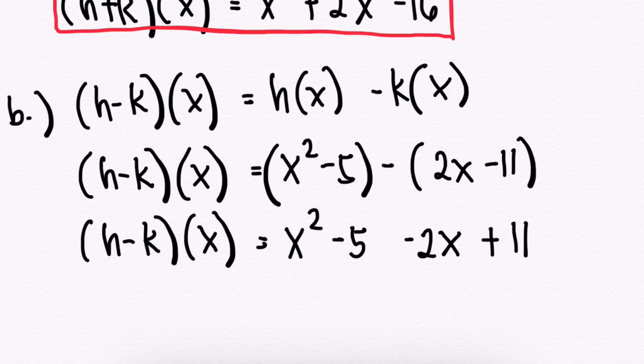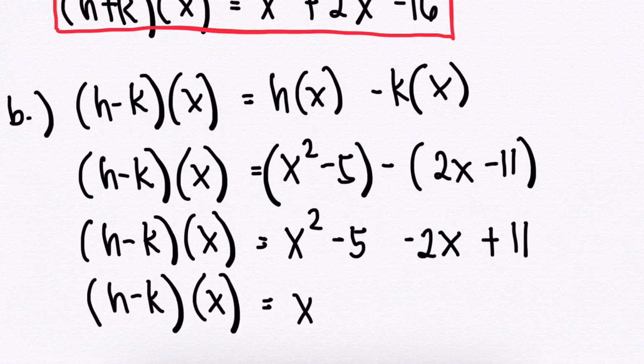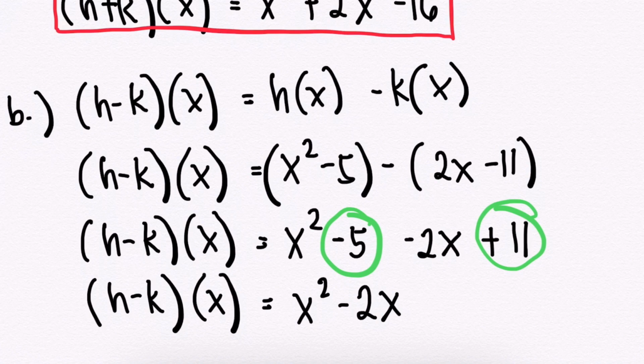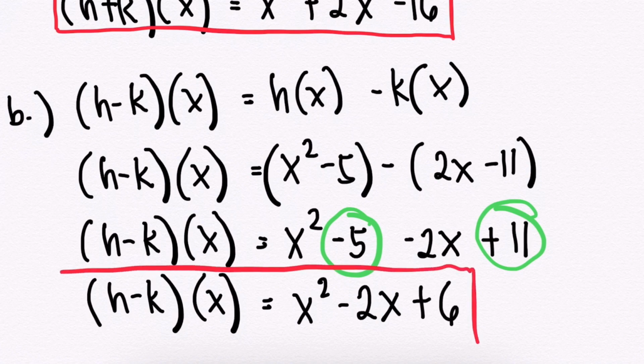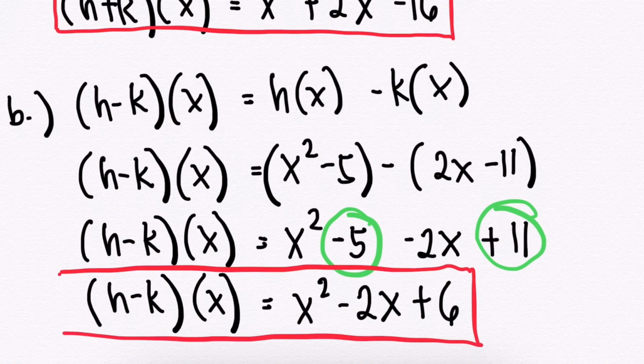Add the similar terms: h minus k of x is equal to x squared minus 2x, and negative 5 plus 11 is positive 6. Therefore, h minus k of x is equal to x squared minus 2x plus 6.